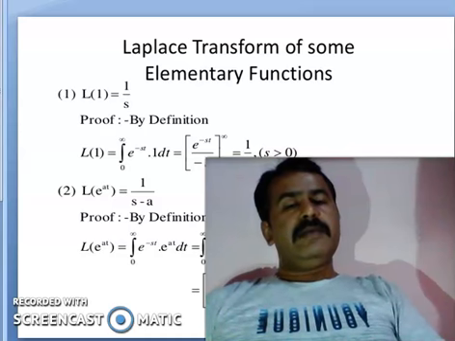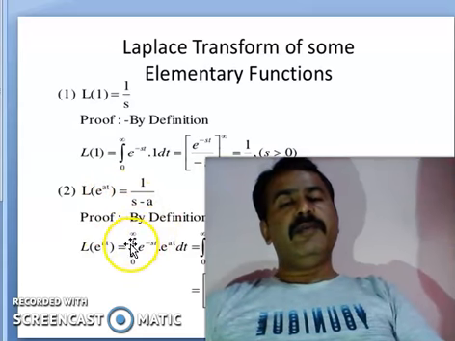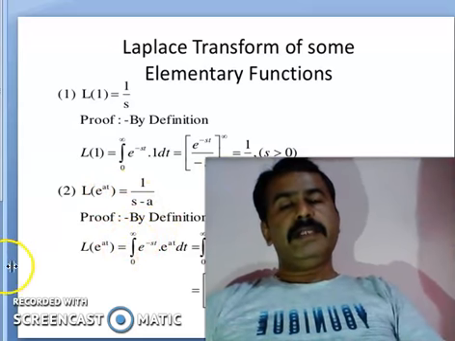Their integration becomes e to the power minus (s minus a) t divided by minus (s minus a), with limits 0 to infinity. After substituting the limits, it becomes 1 by s minus a. So this is the second proof of the elementary functions.